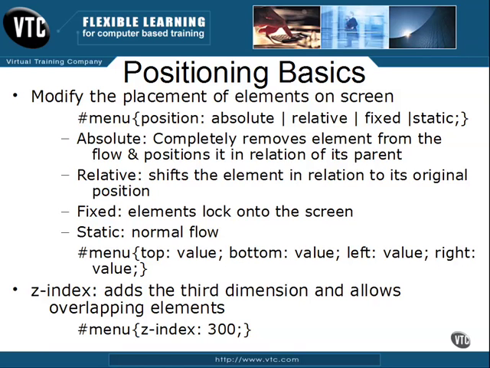But just know that your natural flow is z-index of 0 because it's not positioned anywhere, and your backgrounds for your different elements would be z-index of -1. Now that concludes our look at positioning basics.